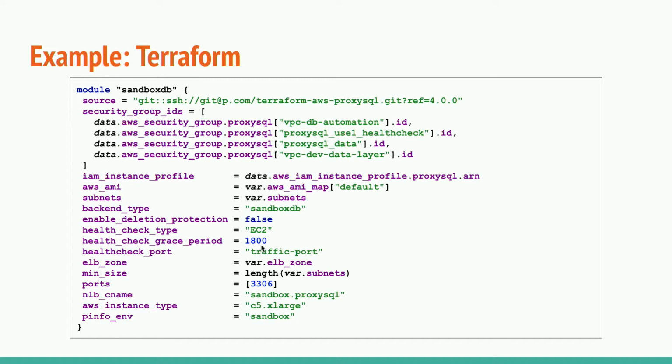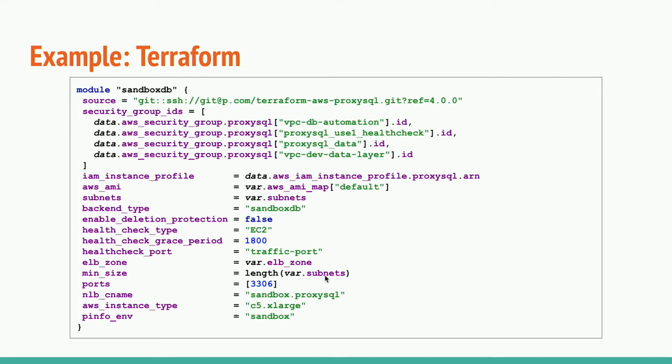Usually, full provisioning takes about 10 minutes until Puppet finishes, until ProxySQL Manager finishes its configuration. So about 30 minutes to make sure that everything runs and everything provisions. The minimum autoscaling group size is at least the number of subnets.